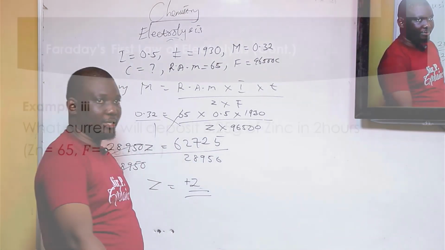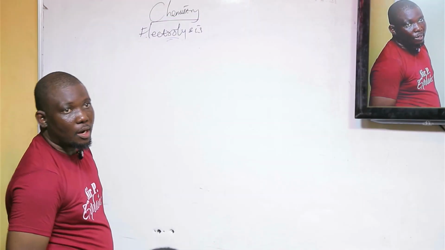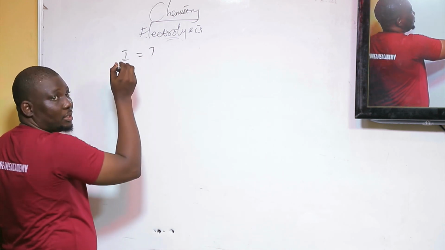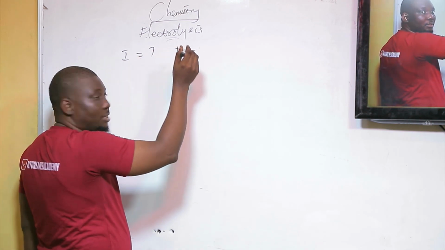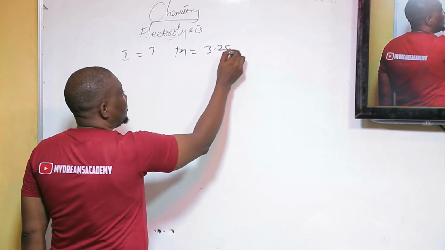Finally, try this. What current will deposit 3.25 gram of zinc in 2 hours? I is what we are looking for, the current, and then we have the mass of zinc, 3.25, and our time, 2 hours.